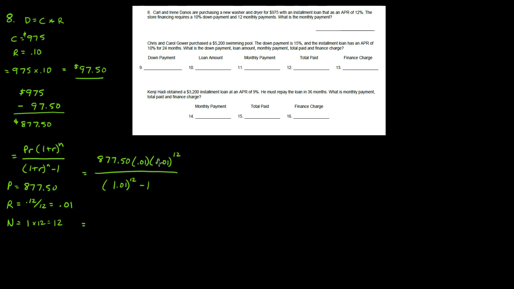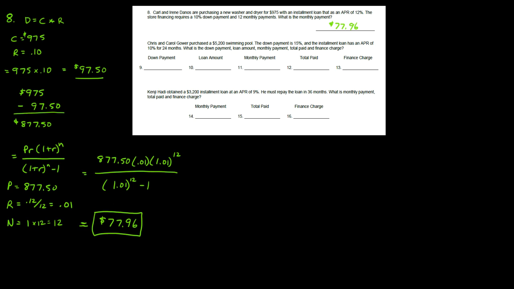I'll take that, multiply it by 0.01, multiply it by 877.50. Then I'll put that over 1.01 to the 12th power minus 1. And when all is said and done, you should get a monthly payment of $77.96. That is the amount of the monthly payment for this problem.